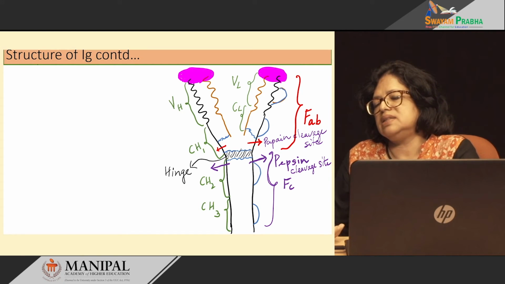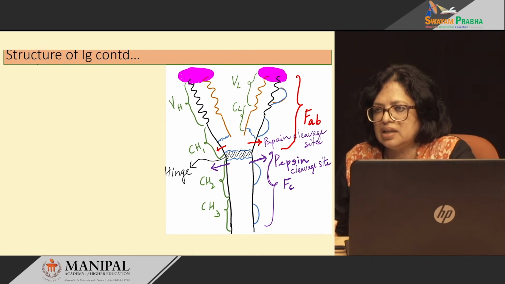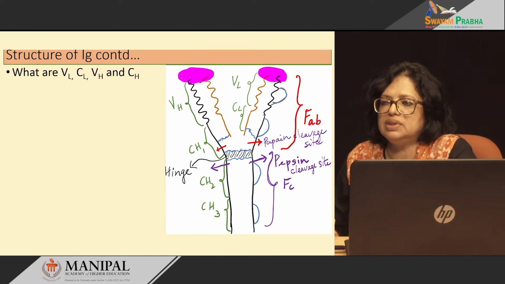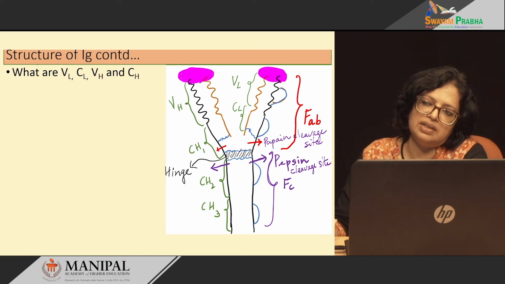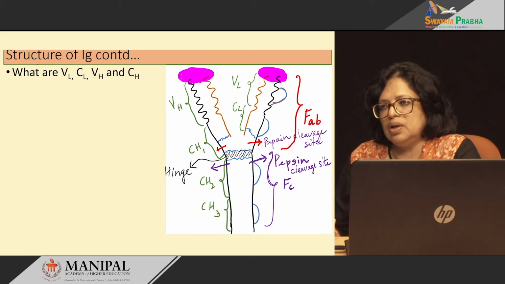Now, look at the structure of immunoglobulin once again. We see some new terminologies written there. What are VH, CH1, CH2, CH3 and so on? These are the domains of the light and the heavy chains.